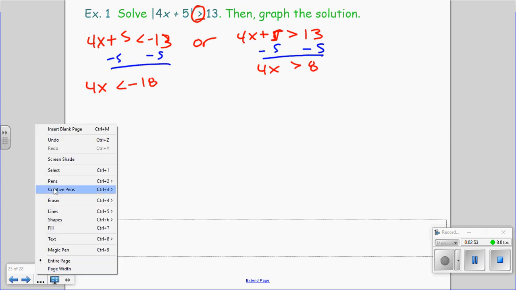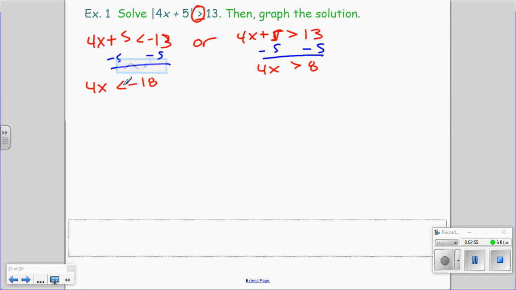And then we divide both sides by 4. And on the left, we're left with x is less than negative 18 over 4. 4 doesn't go into 18 evenly, but both of them are even numbers, so you divide both by 2. 18 divided by 2 is 9. 4 divided by 2 is 2.